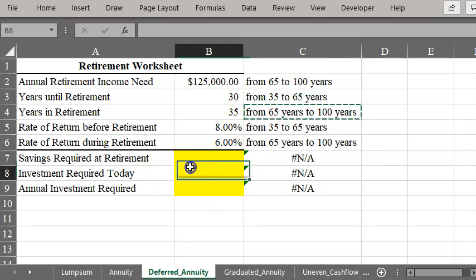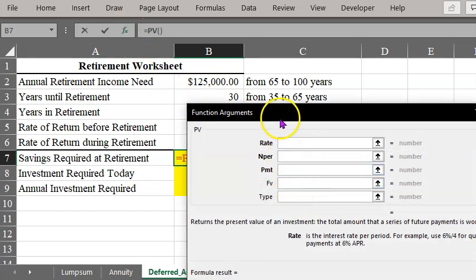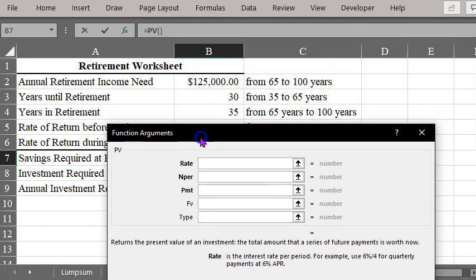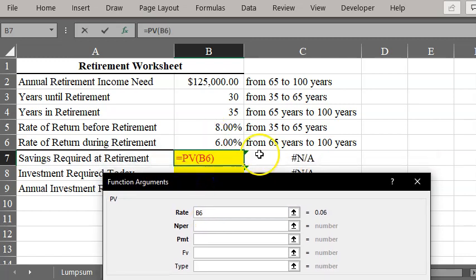Okay, now let's come to savings required at retirement. How much money she needs when she retires. So this is going to be the present value at retirement. The rate of return is going to be 6% from 65 to 100. NPER is 35.